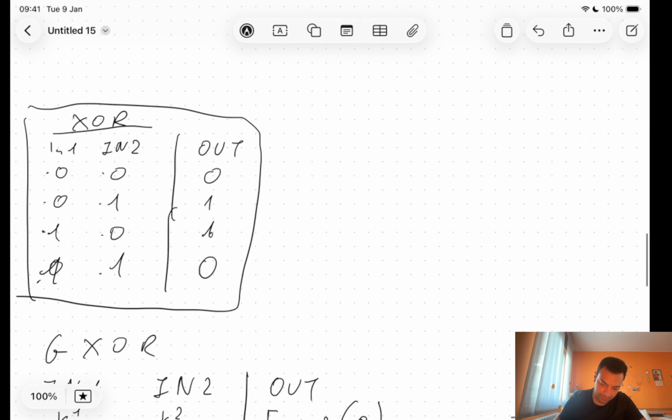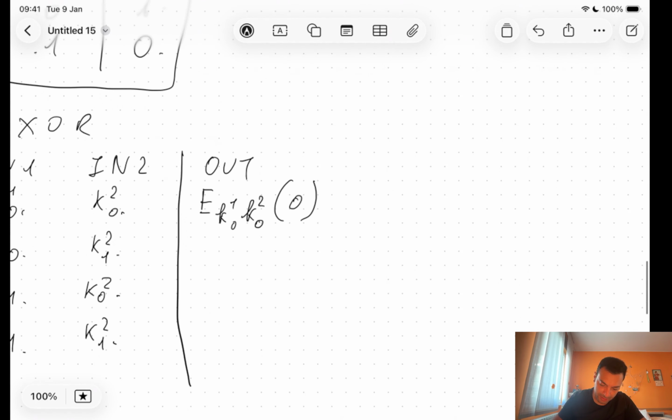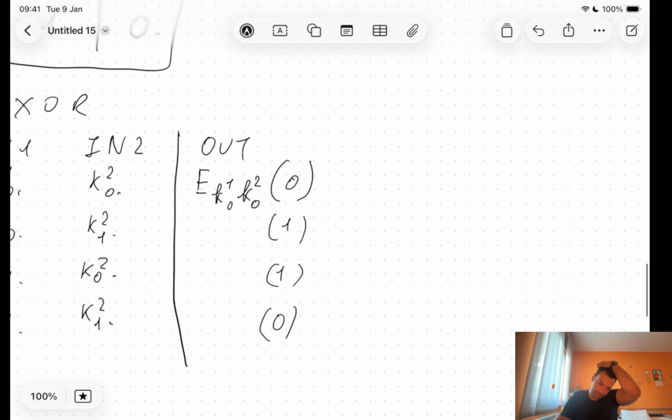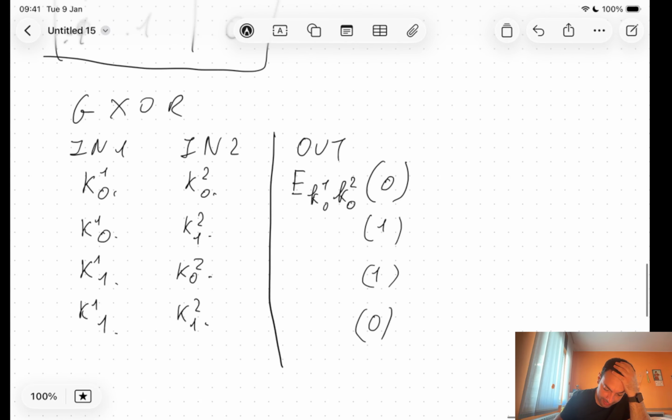Because if you remember, we have 0, 1, 1, 0, okay? And so you have 0, 1, 1, 0. And then here in the second spot, you have the encryption with key 0, 1 and key 2, 1.